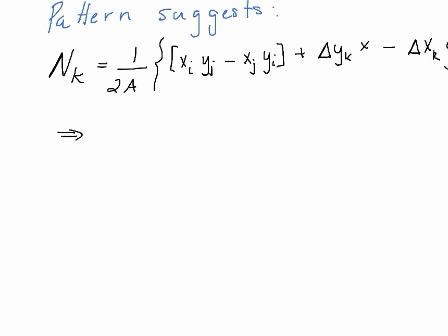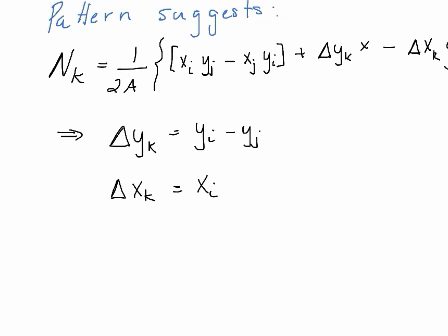And we expect that delta yk is equal to yi minus yj, and delta xk is equal to xi minus xj.